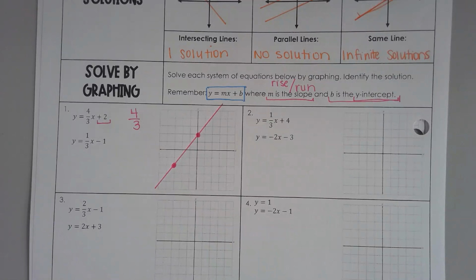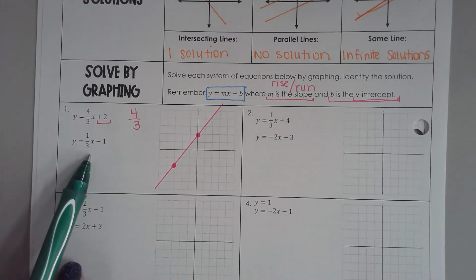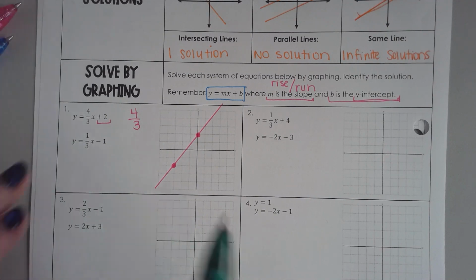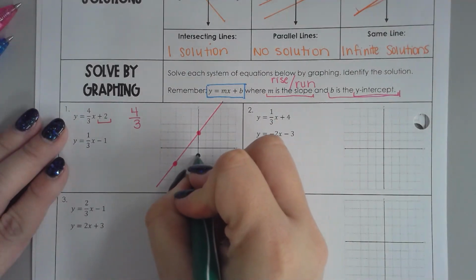Now my second line, what is the y-intercept? Gavin? The second line on number 1. Negative 1. Good.